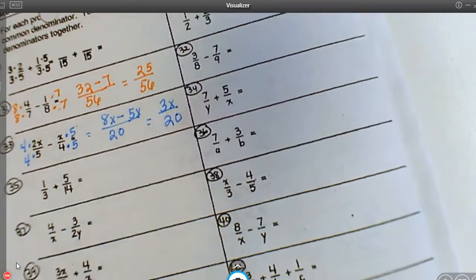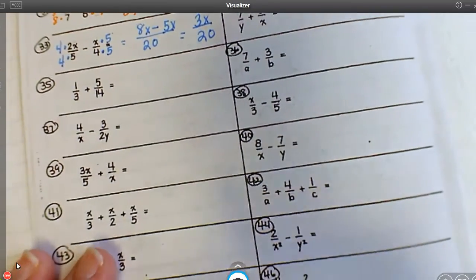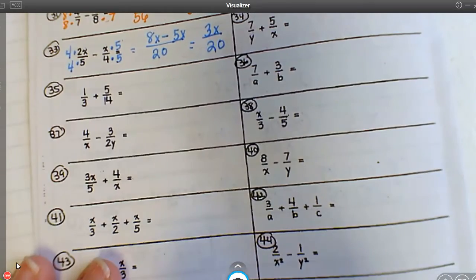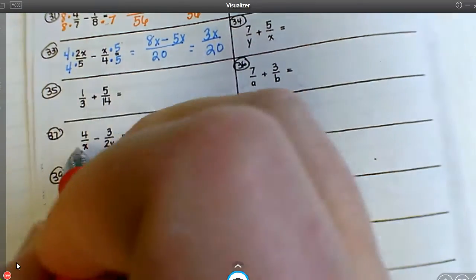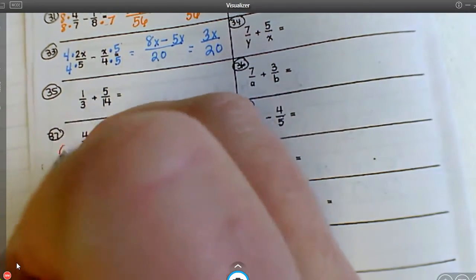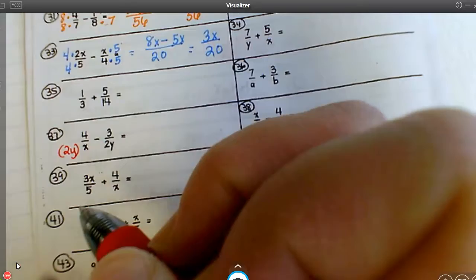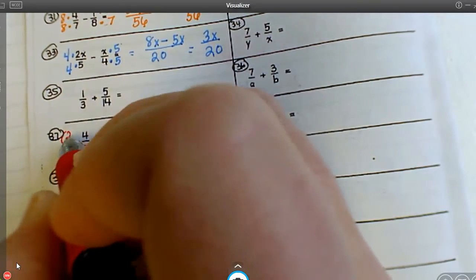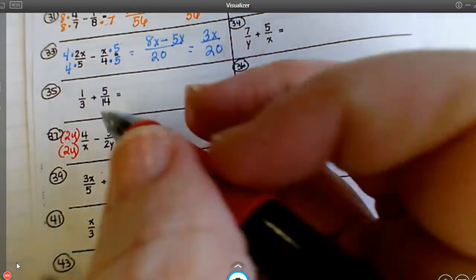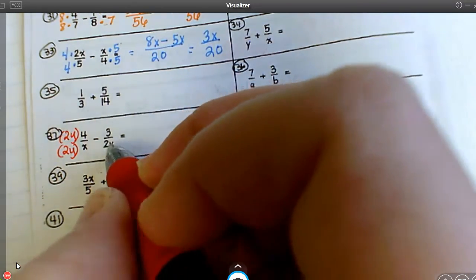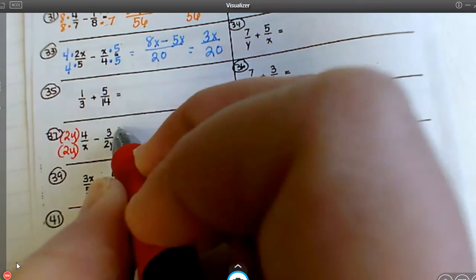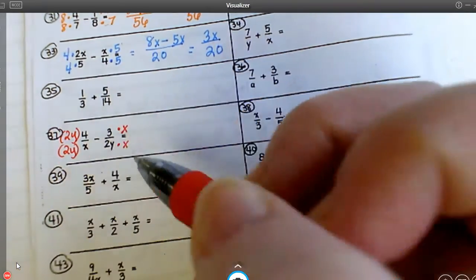Skip on down to 37 because it's got some x's and y's there. I'm going to multiply this one by 2y, which means I need to multiply the top by 2y. I'm going to multiply the 2y by x, which means I'm going to multiply the top by x.